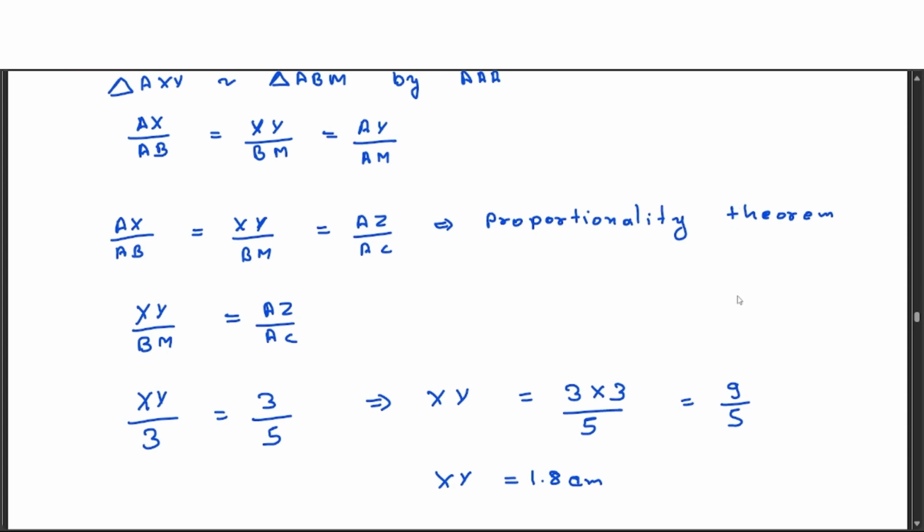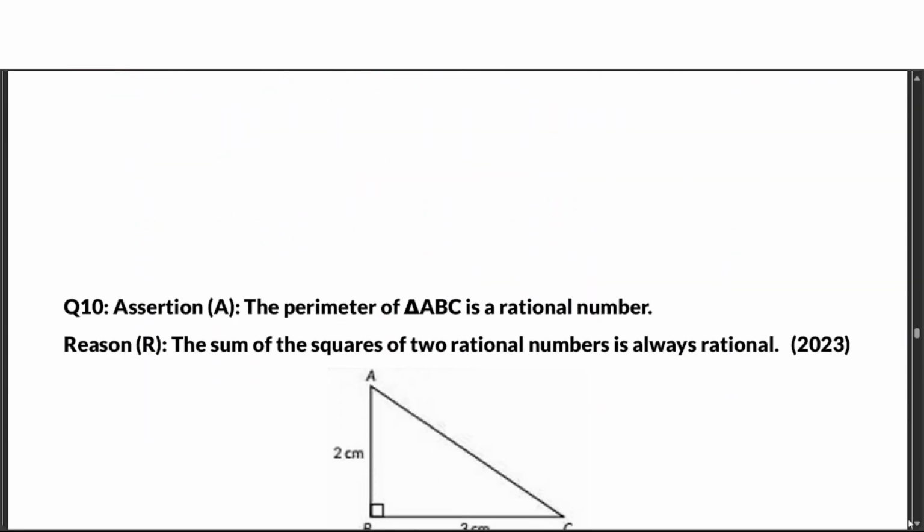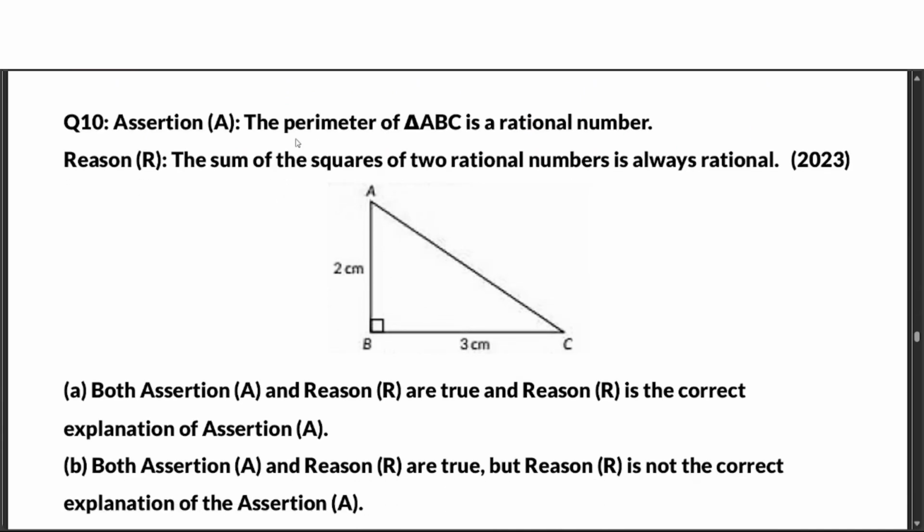So this type of question is very common to ask. Okay, so now coming to the next question. This is now the 10th question of 2023, that is based on assertion and reasoning. So assertion is saying the perimeter of the triangle ABC is a rational number. Reason is saying the sum of squares of two rational numbers is always a rational number.